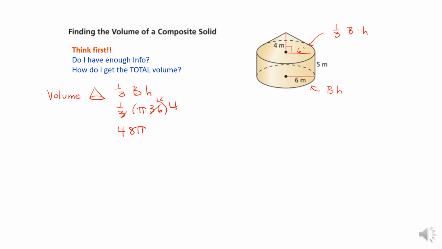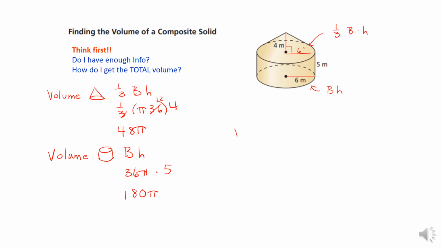Okay, and now I'm going to find the volume of the cylinder, which is just big B H, which is pi r squared, so that would be 36 pi, times the height of this one, which is 5, so that would be 180 pi.